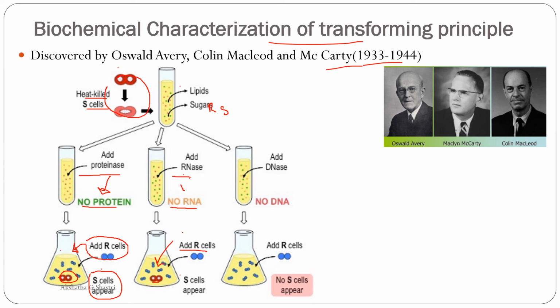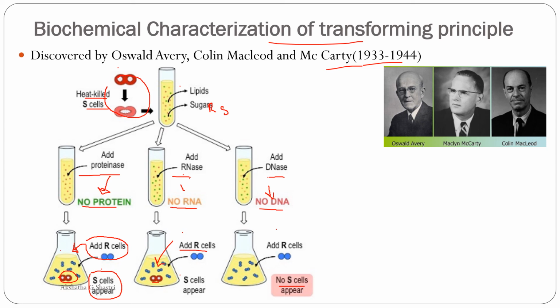In the third case, they added the DNase enzyme, which digested the DNA so that there will be no DNA in the mixture. When the live R strain is added to the mixture, you can see there are no S cells. That means there is no transformation. Now let's go for the conclusion.